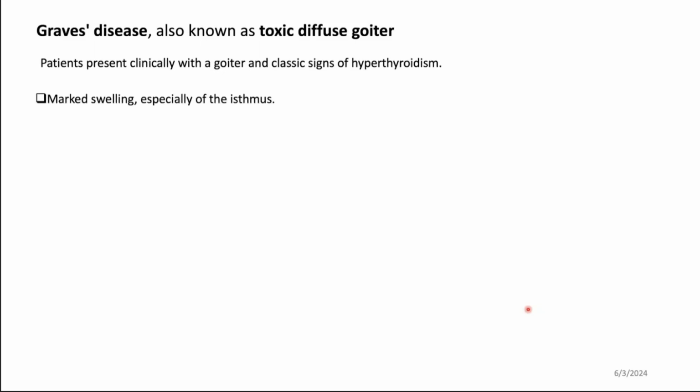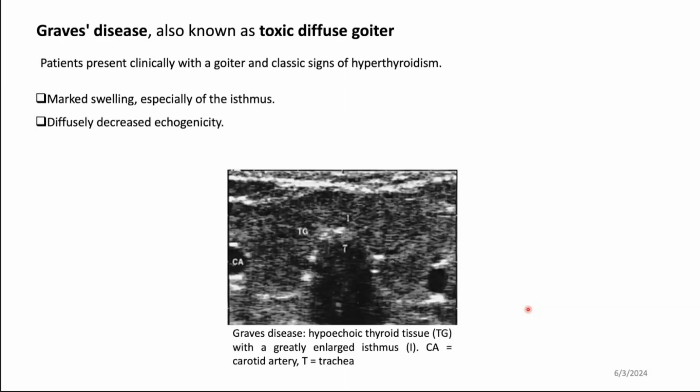As far as the gland itself and what we see on imaging, the gland would be very swollen, especially the isthmus, more than 5 millimeters, and on imaging diffusely hypoechoic, meaning it looks decreased in echogenicity compared to normal structures and compared to a normal thyroid gland. Because of all the hyperemia and inflammation happening in the thyroid gland, it looks decreased in echogenicity.